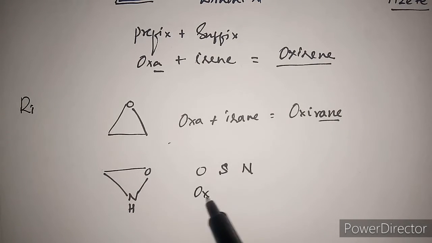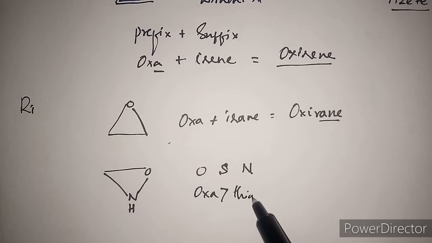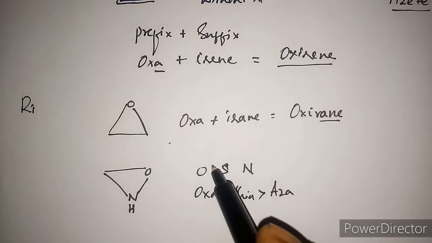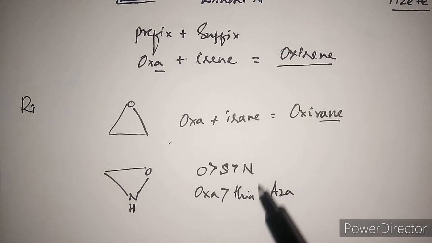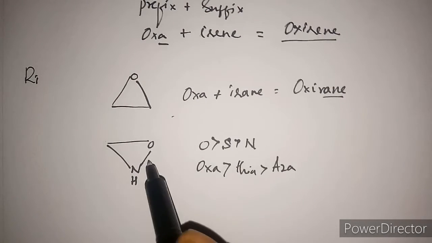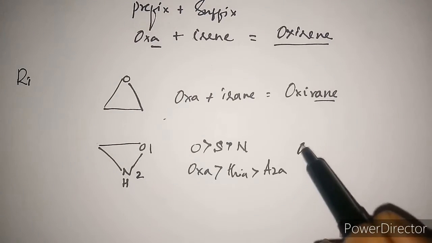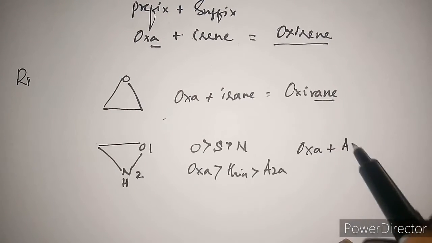First oxa, then thia, and then aza. So we have first oxygen, then nitrogen: oxa plus aza.